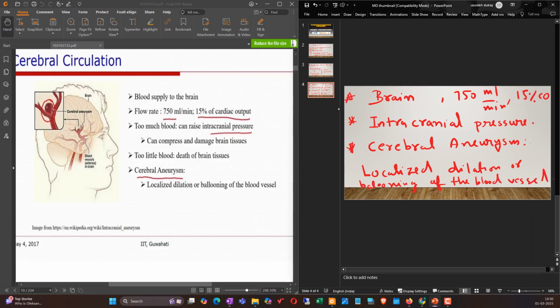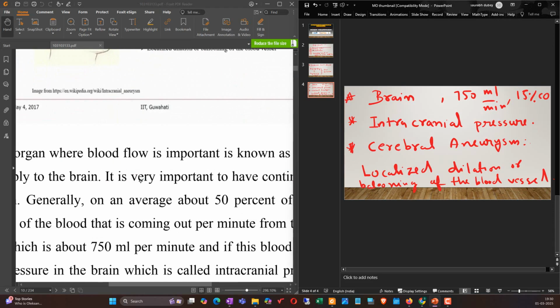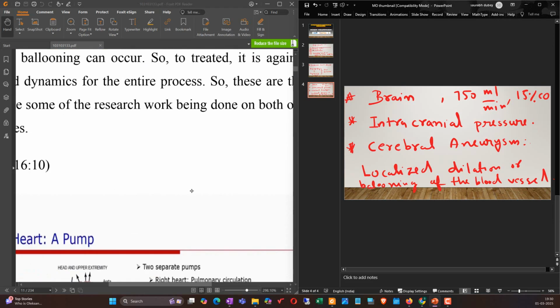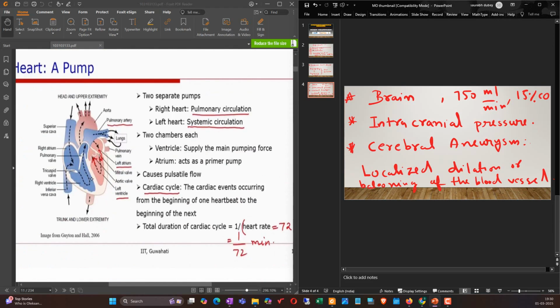So this is an important one, and this picture actually dictates about the same. This aneurysm, right? Okay, so coming to the next slide, here heart pumping is explained.